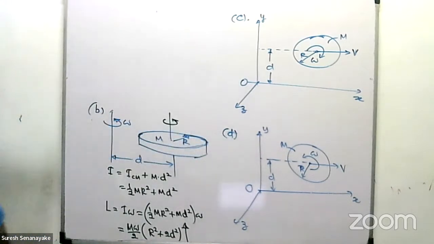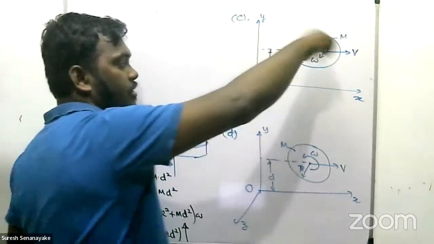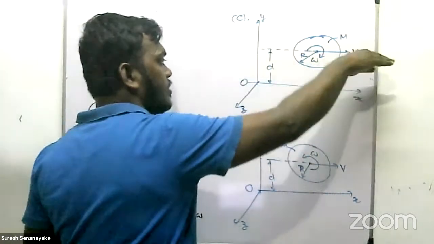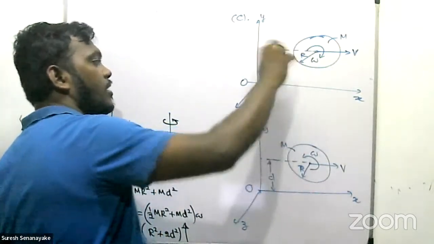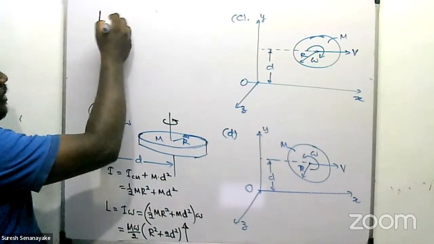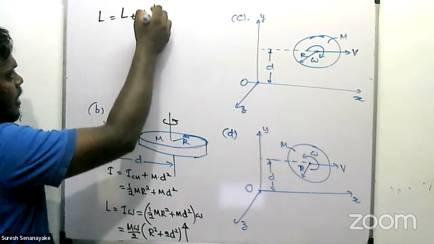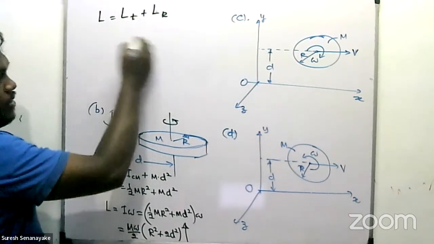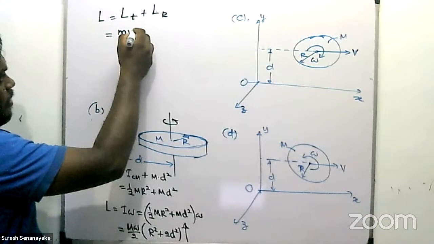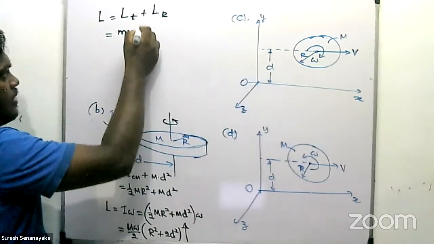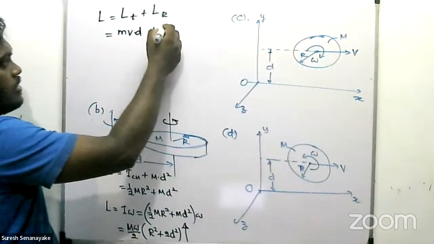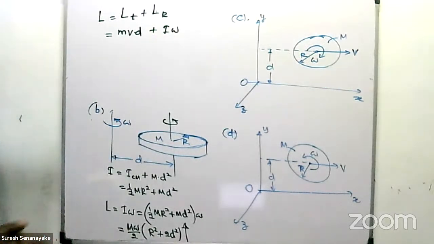Then this system creates angular momentum as it rotates in this direction, into the board. When it moves in this direction, it also creates angular momentum into the board. So you consider both the angular momentum due to translation and the angular momentum due to rotation. For translation, it is m v multiplied by the perpendicular distance d. For rotation about this axis, it is I omega, where I is half m r square.